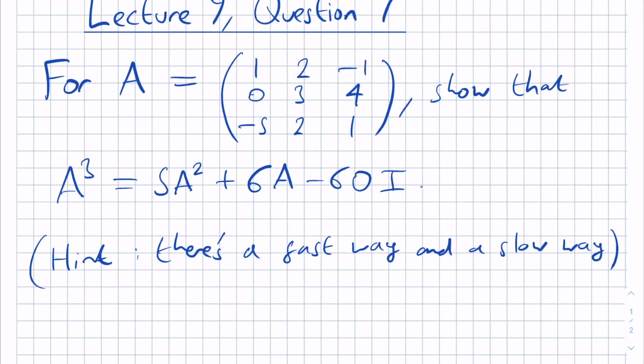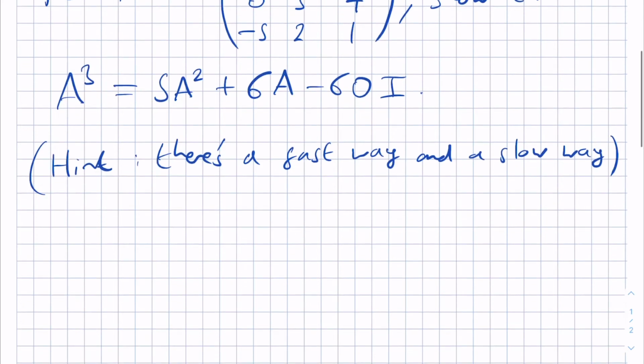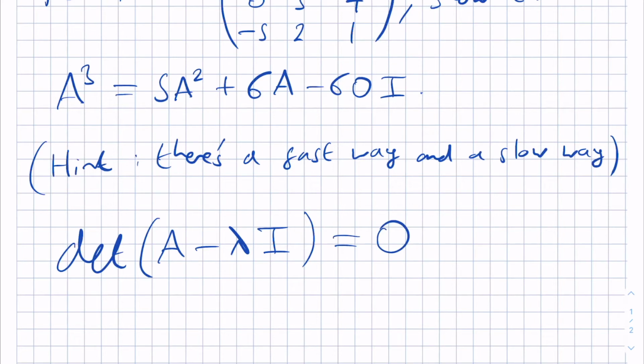We begin by finding the characteristic equation of the matrix A. We do this by solving for the eigenvalues, which come from the equation determinant of A minus lambda I is equal to 0.